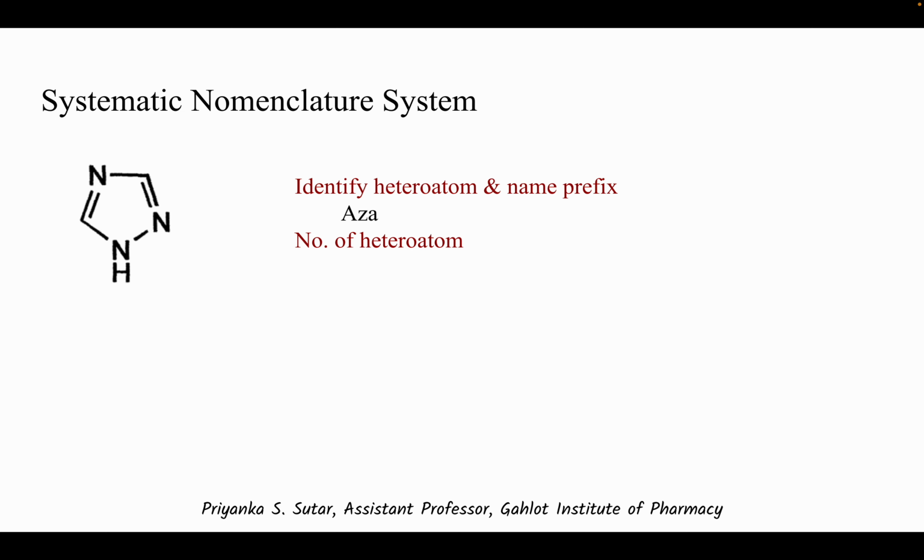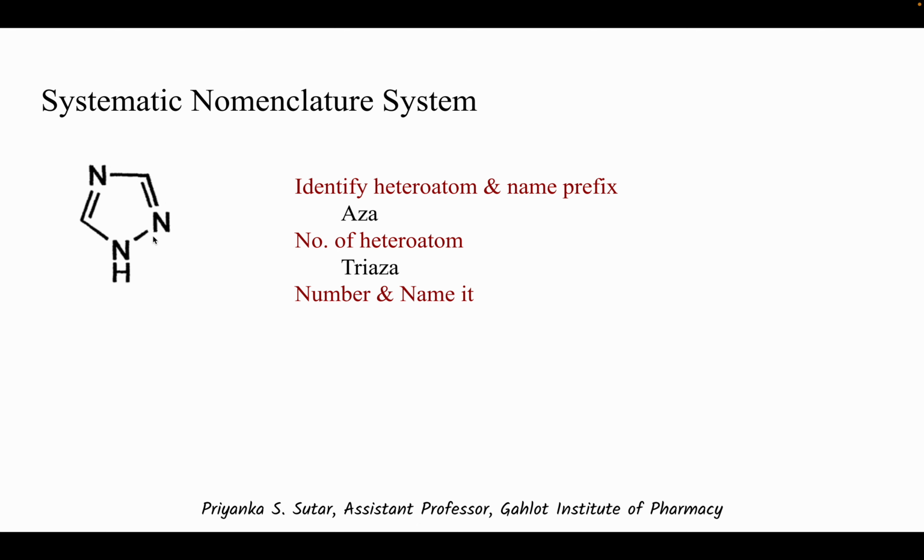Second question. How many numbers of heteroatoms? There are 3 heteroatoms. So as per rule number 2, how you will write prefix? You will write it as a triaza. Now next question. Now you have to number it and then name it.